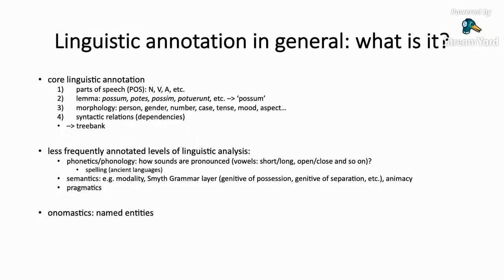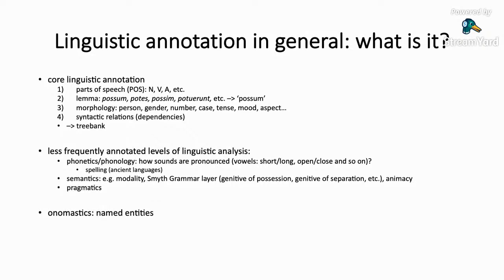This is very useful if you want to disambiguate. So, for example, you want to know the occurrences of can as a noun or of can as a verb in English. Then you will have lemmatization, which is particularly useful when you have a language with a rich morphology, and this is the case of the classical languages.